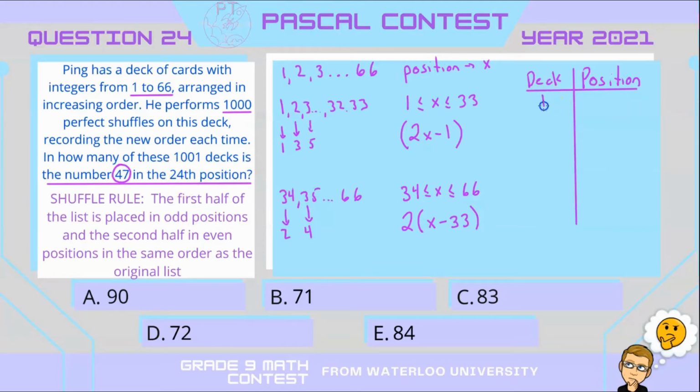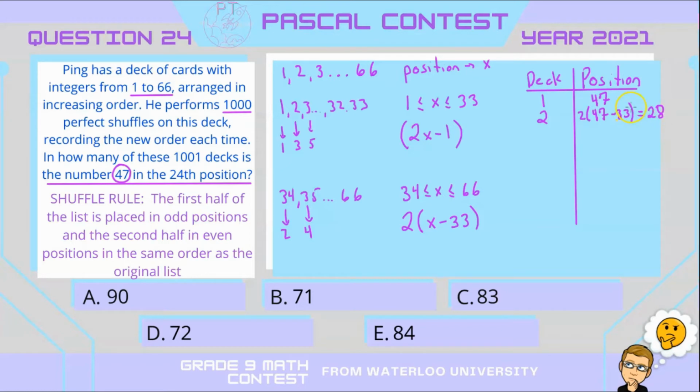Well, in our first deck, that's easy, it's in the 47th position. And the 47th position is in the second half of the deck. So in our second deck then, we're just going to apply this operation where we'll do 2 times 47 minus 33. And that'll equal 28.